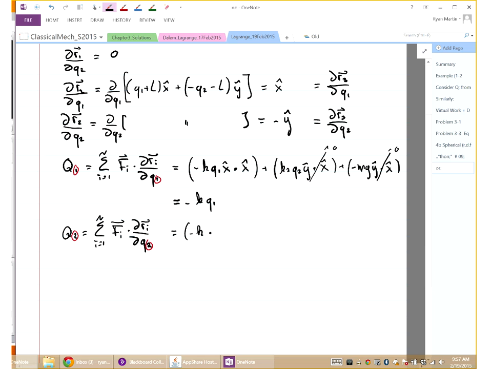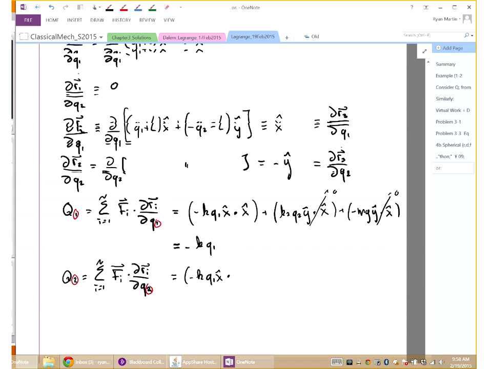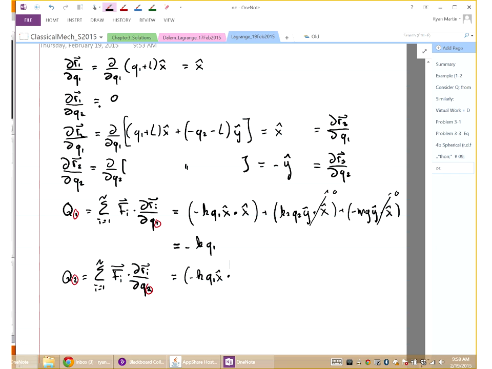So again, I'm going to do the same thing now. So F1 was minus KQ1 x hat. And that's got to be dotted with ∂R1/∂Q2. Well, ∂R1/∂Q2 was just 0.